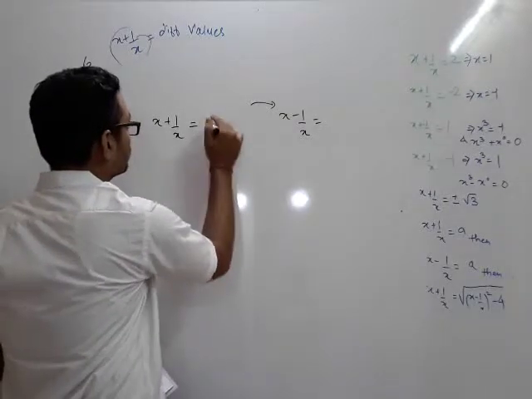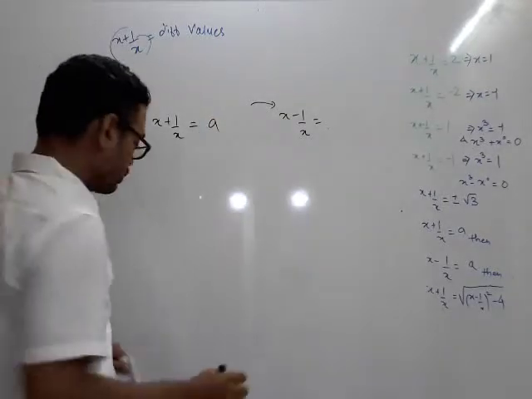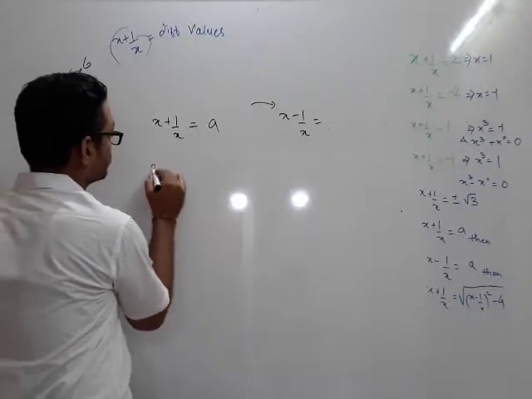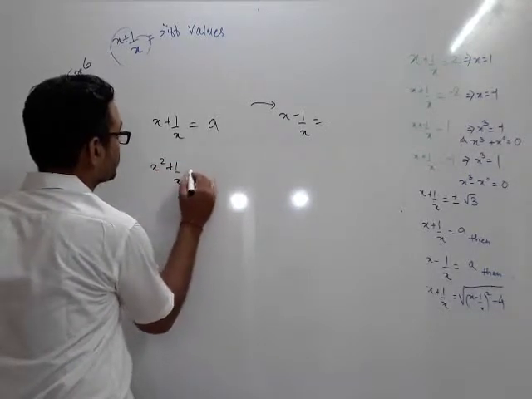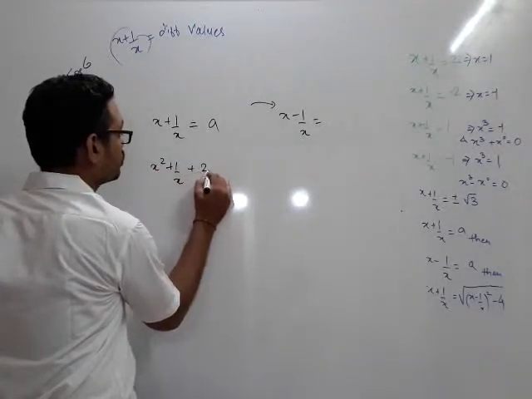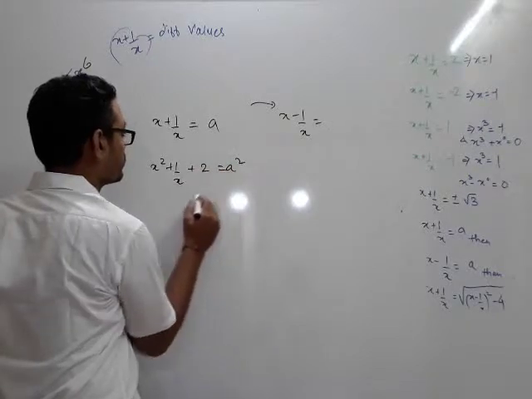I will first take it with the proof. Let's do the square of this. X square plus 1 by x square plus 2 is a square.